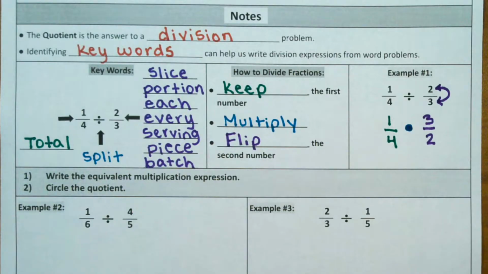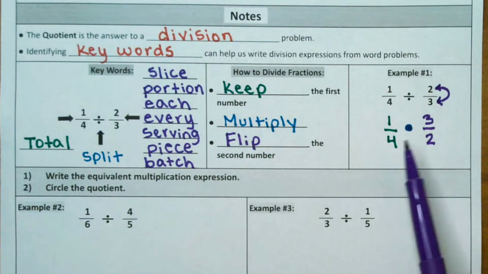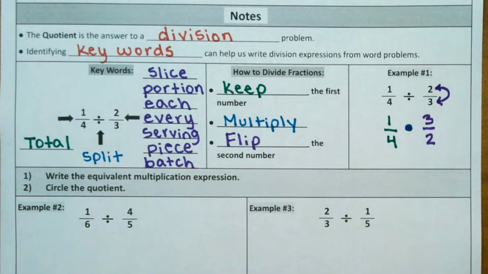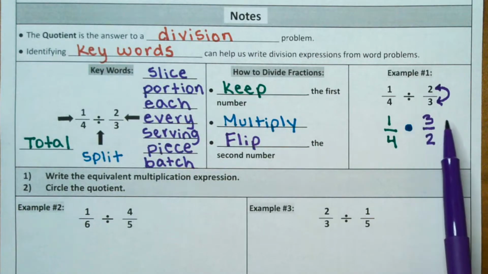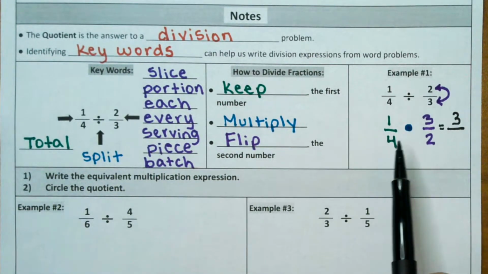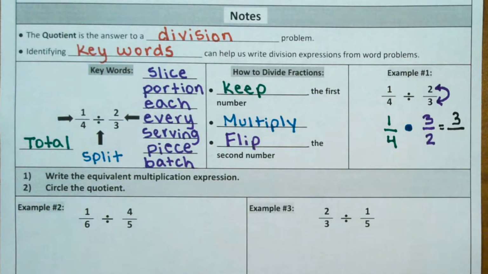You might also hear people say keep, change, flip. I like keep, multiply, flip just because it's specific about what you're changing it to. But if keep, change, flip is easier, feel free to do that. Now that we kept our first number, multiplied, flipped our second number, we're just going to multiply across. 1 times 3 is 3, and 4 times 2 is 8.